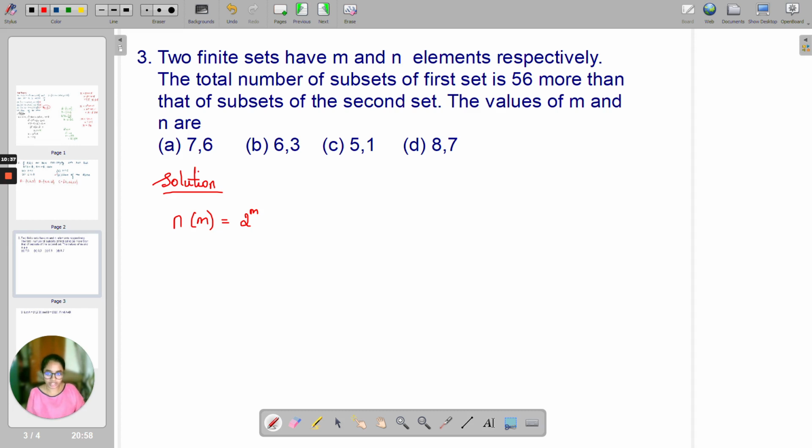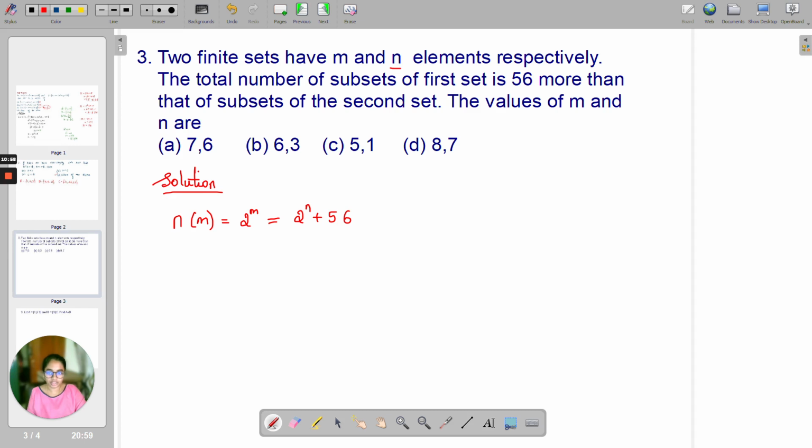So I can write 2 power m is equal to 2 power n plus 56, right? So what does 2 power n denote? The number of subsets of the second set, that is n.